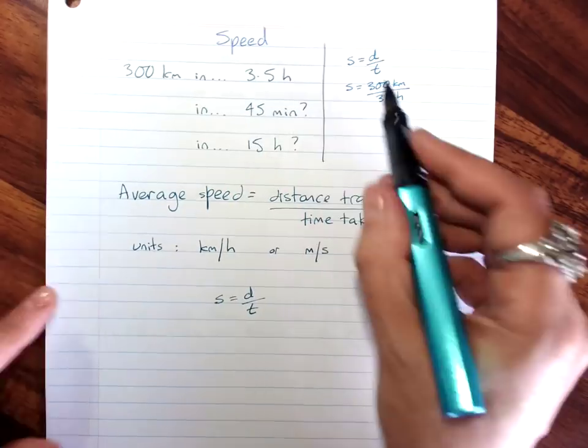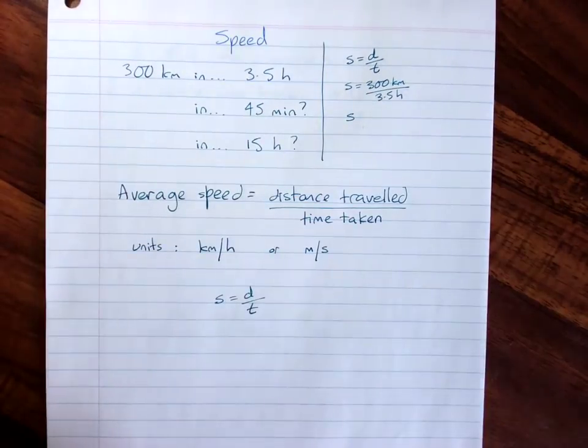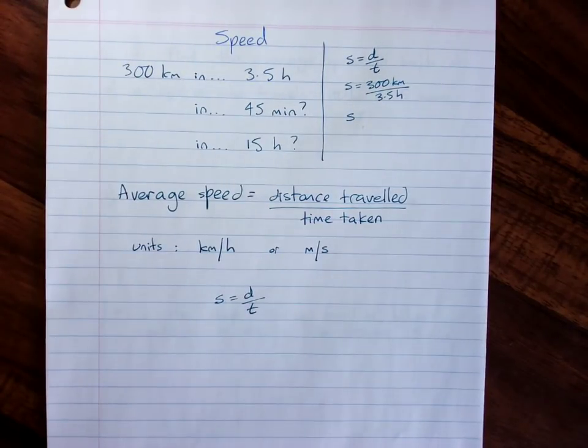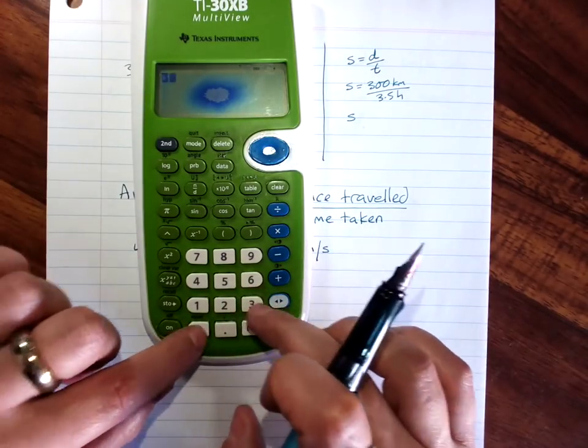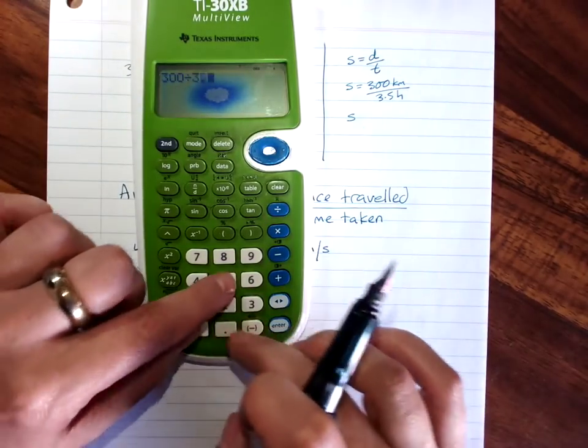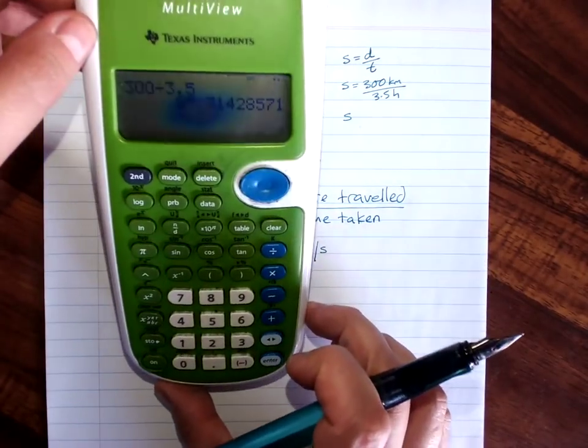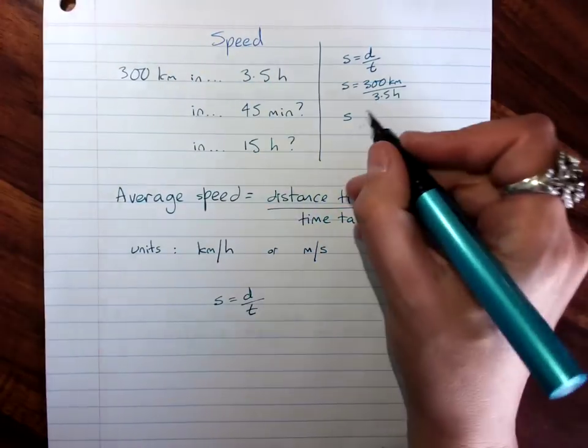Sorry, I'm just doing this top one. And we get our calculator. 300 divided by 3.5 equals 85.7.